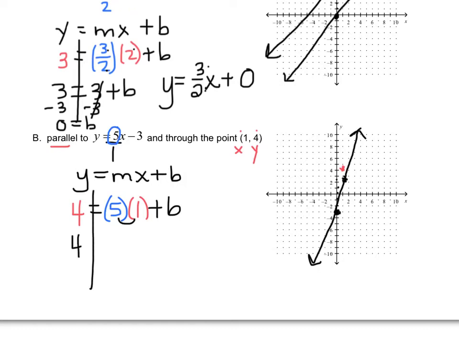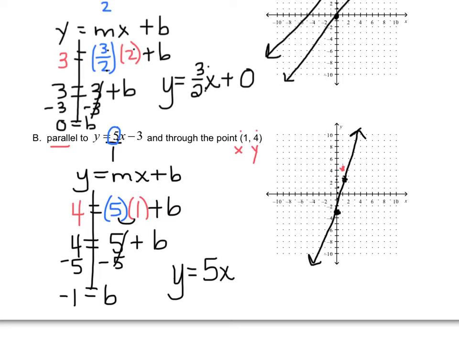So we'll solve that. 5 times 1 is 5. We'll subtract that 5 from the other side, and we get b equals -1. The final answer here is the equation y equals our slope, which is 5, next to the x, and then our y-intercept, -1.